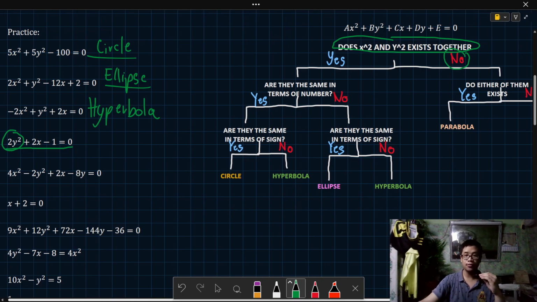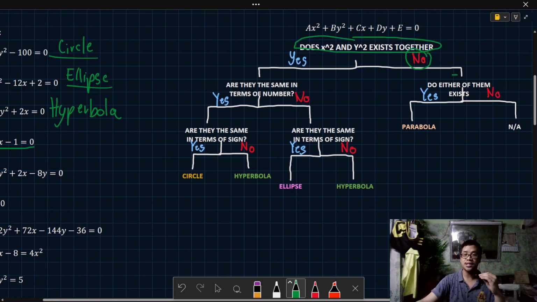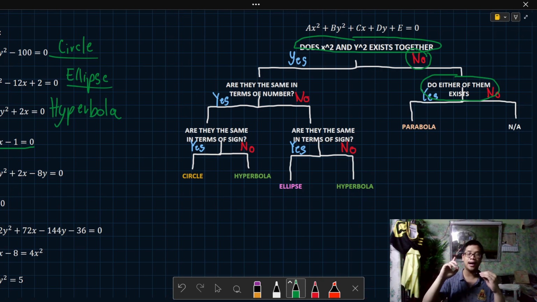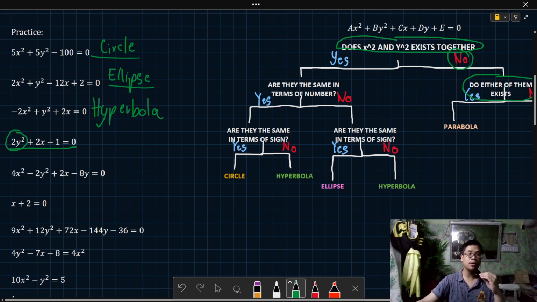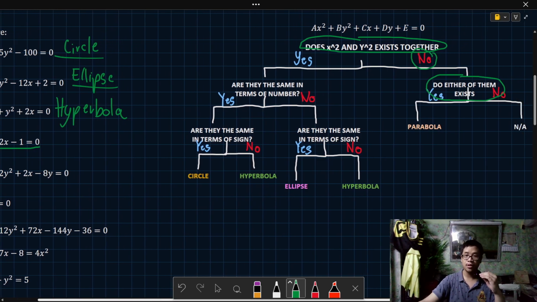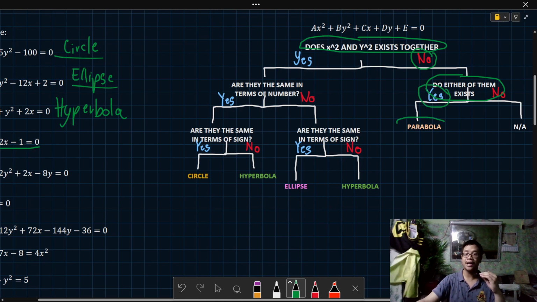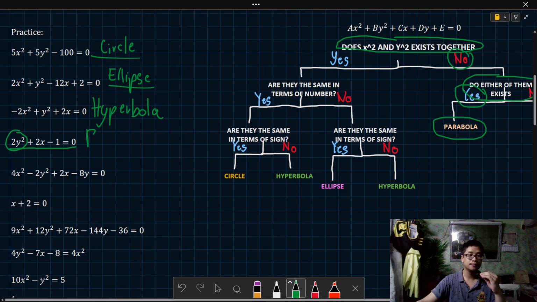Now the second question: does either of them exist, like x squared or y squared? According to the problem, y squared exists, so it's a yes. So our answer here is parabola. Simple as that.